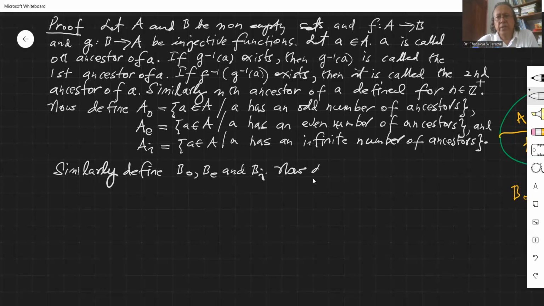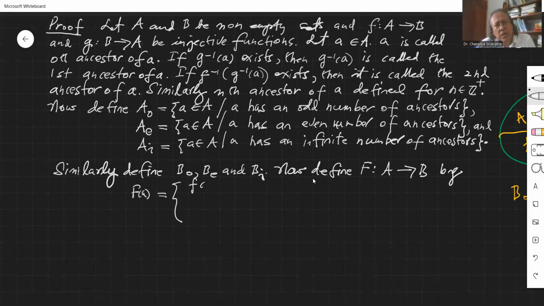Now define f from A into B by: f of A is equal to simple f of A if A belongs to AI union AE, and G inverse of A if A belongs to AO, right?